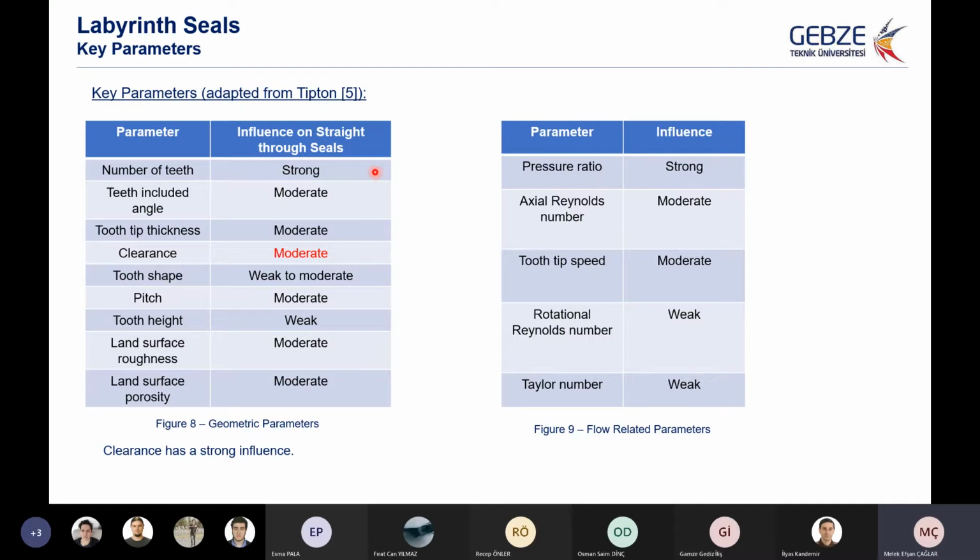However, this has a bit of a problematic side, because it's from the literature and I couldn't change it: clearance has a strong influence, as shown by many studies, but it took it as moderate, so I have to warn about that.